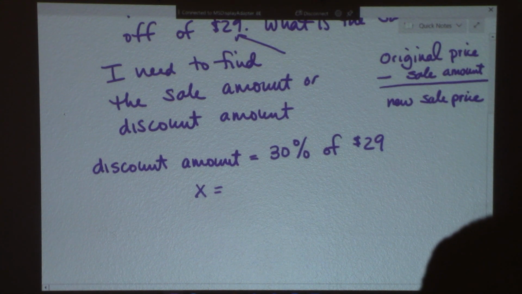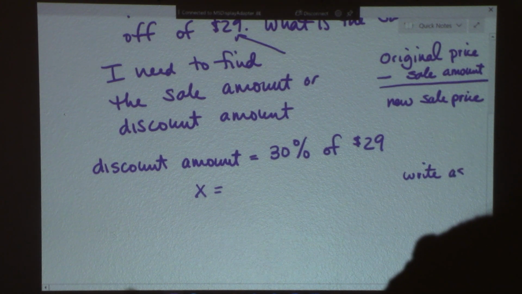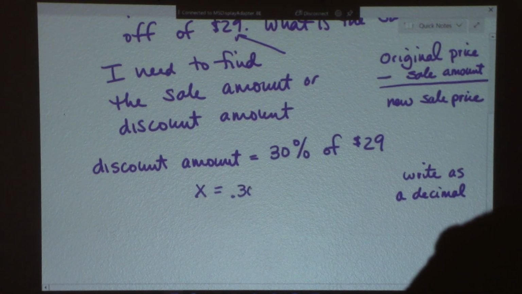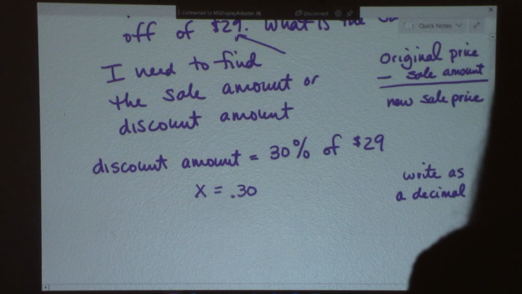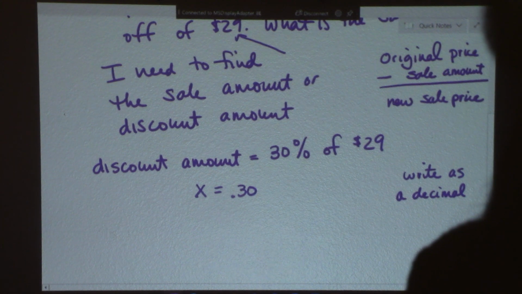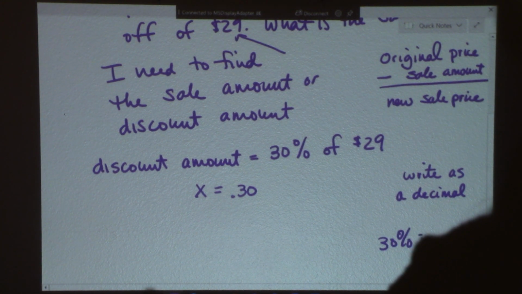So 30% I'm going to write as a decimal. So 30% is just 0.30, right? I divide 30 by 100, so if I start with 30%, that's equal to 30 over 100.